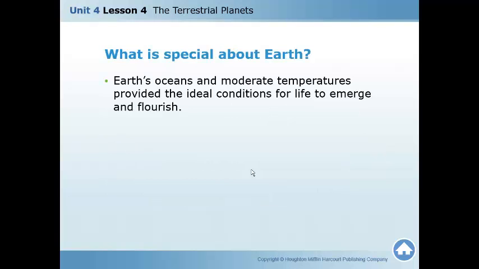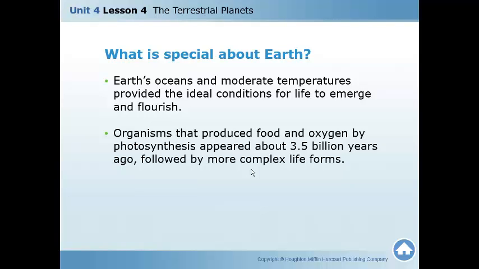Earth's oceans and moderate temperatures provide the ideal conditions for life to emerge and flourish. So we have this water source on Earth. Our temperatures aren't too hot, they're not too cold. You see that Earth's twin Venus has a very high temperature of 465 degrees Celsius. And us, the next planet from the sun, we don't. Our temperatures are more moderate.